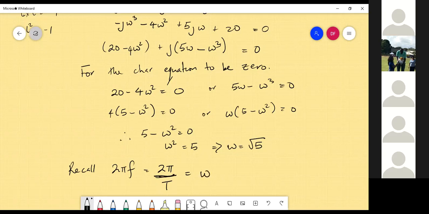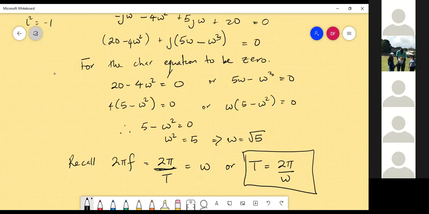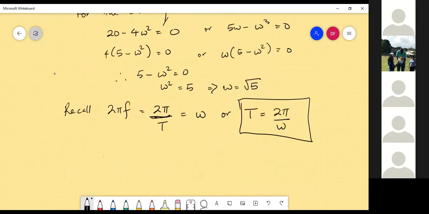So T is equal to 2 pi over omega. Therefore T, which we call Pcr, is equal to 2 pi over root 5.